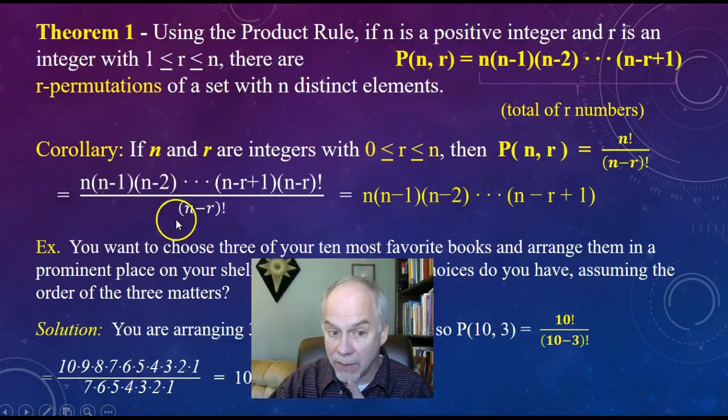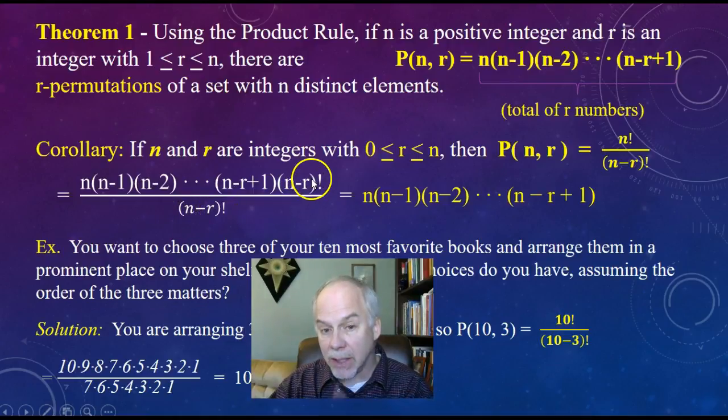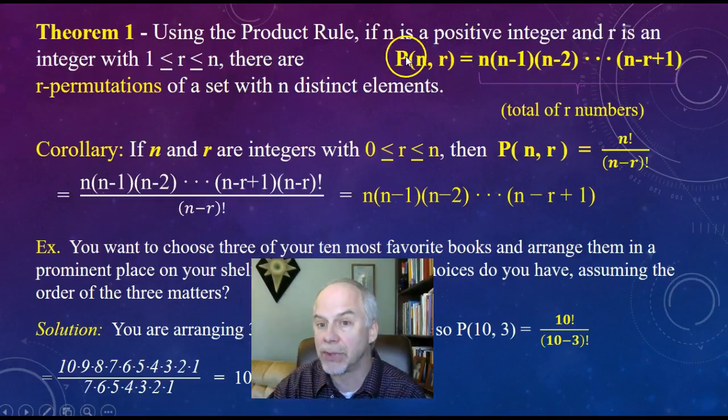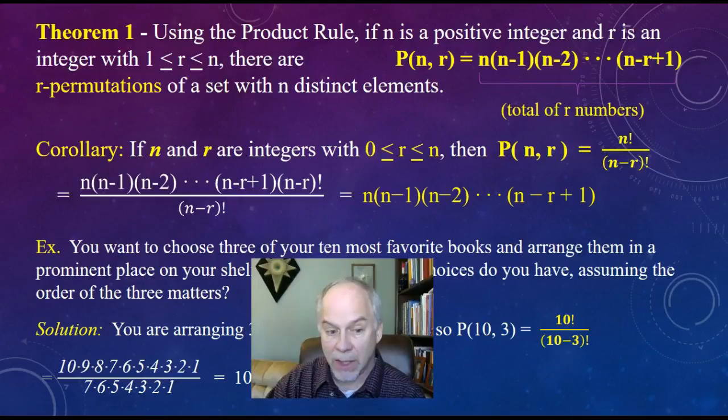You see that? They cancel. You've got an N minus R factorial on the top and an N minus R factorial on the bottom. And so those cancel, which really gives you the same thing as the original formula at the top of the page. So you can either use this formula at the top of the page, or you could use this formula with the fraction. Okay? And I'll show you that they both work.